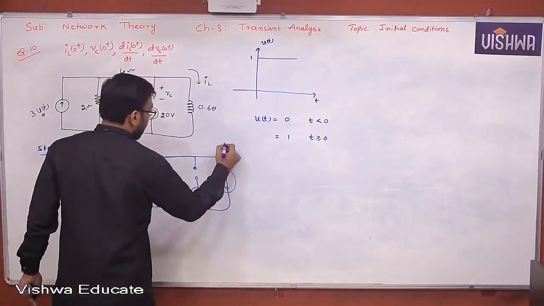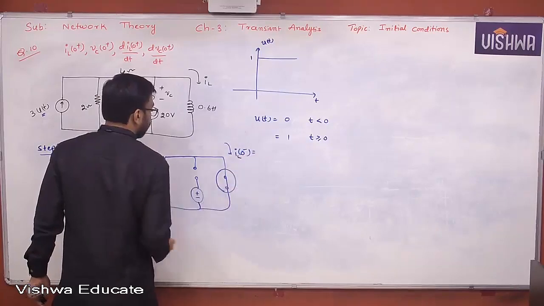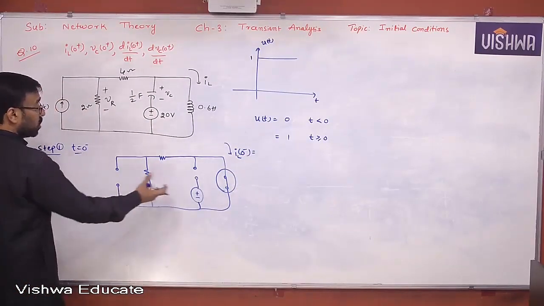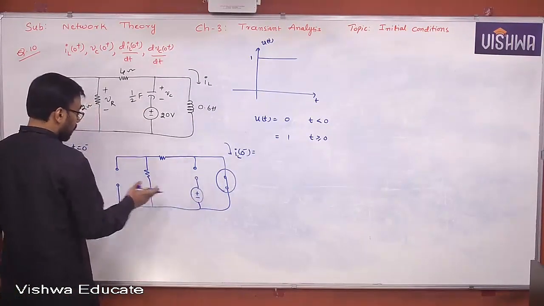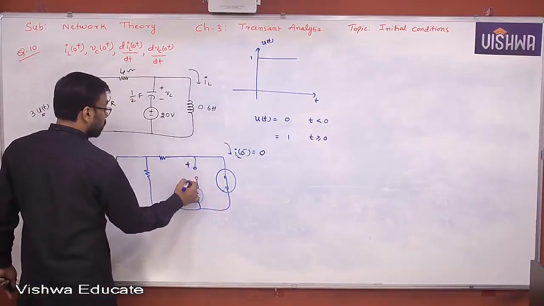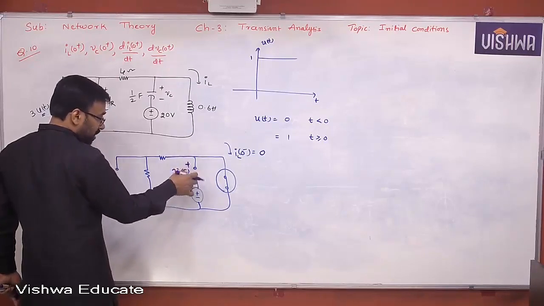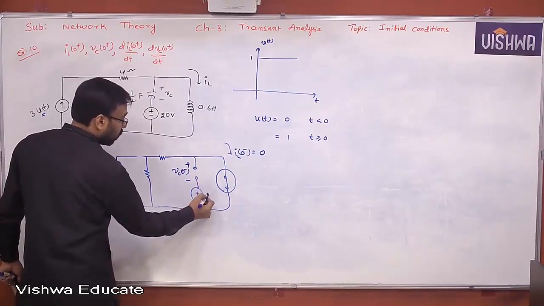Now what is IL of 0 minus? IL of 0 minus is what? 0, because there is no source at all. It is isolated completely. This is also isolated, therefore 0. What about VC of 0 minus? VC of 0 minus is the voltage which is appearing across the voltage source, right? So therefore 20 volts.